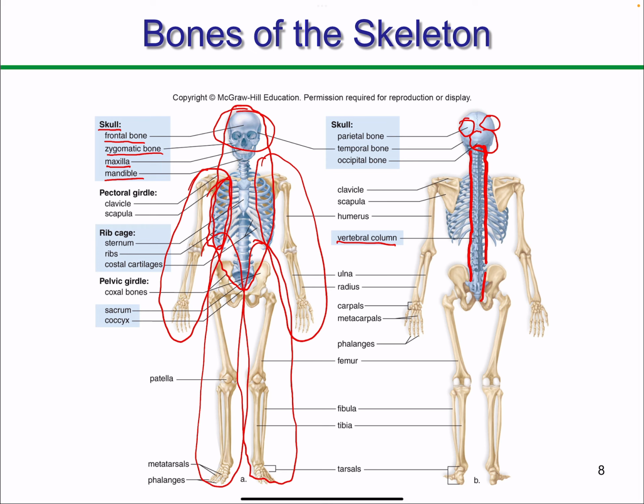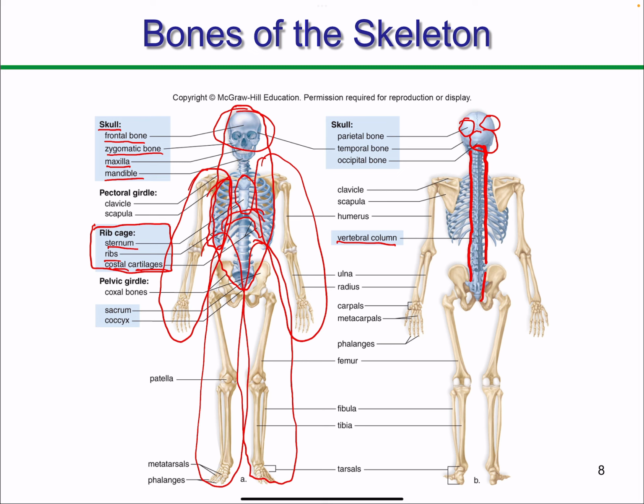But in addition to the ribs, you're going to have the sternum and some hyaline cartilage right here, okay? The costal cartilage, you have the ribs, you have the sternum. All together, that makes up the rib cage, right? So the axial skeleton is made up of the skull, the rib cage, and the vertebral column, right?